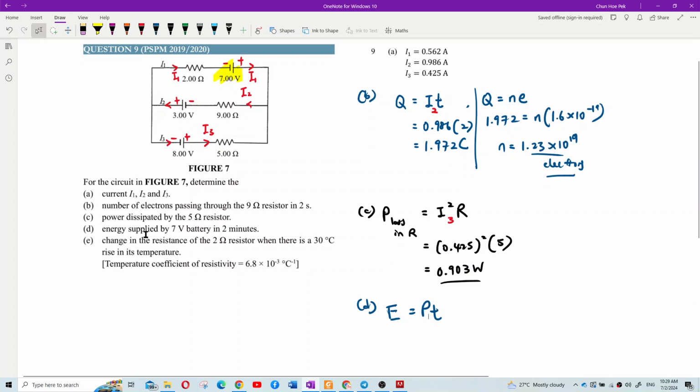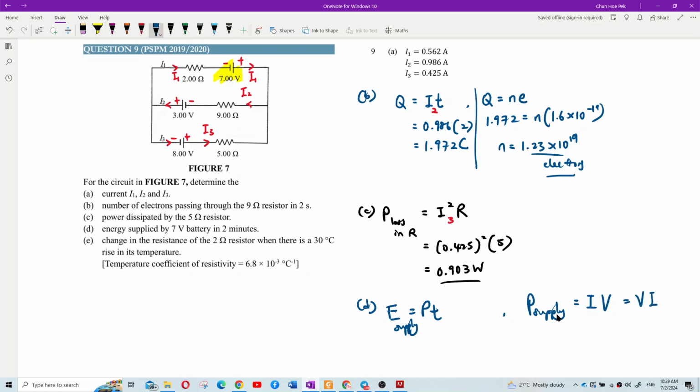Just now for power loss, power dissipated, we used I squared R. For power supply, normally you use the formula IV, or you can write VI also.